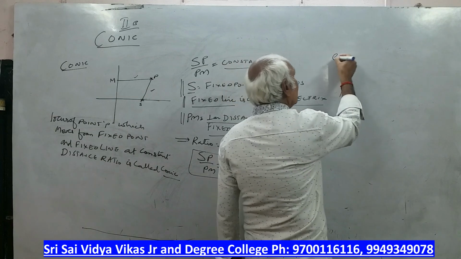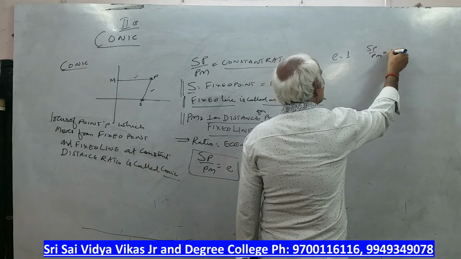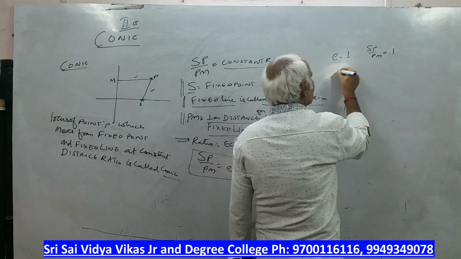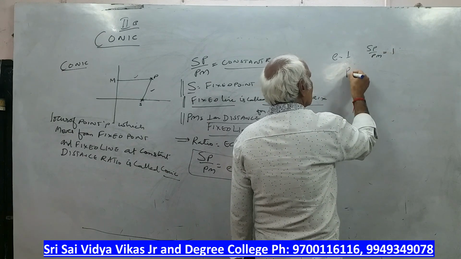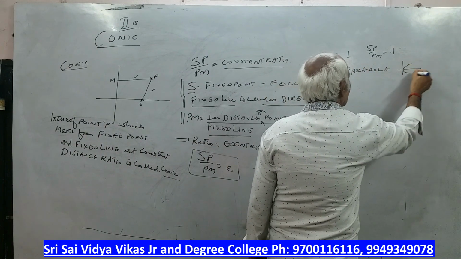Now, if E is equal to 1, then SP by PM is equal to 1, and the conic is called a parabola. It is drawn like this, a rough diagram.